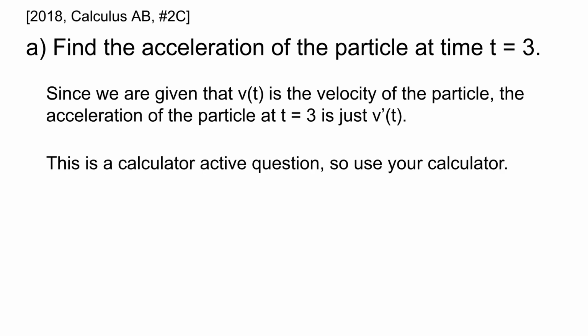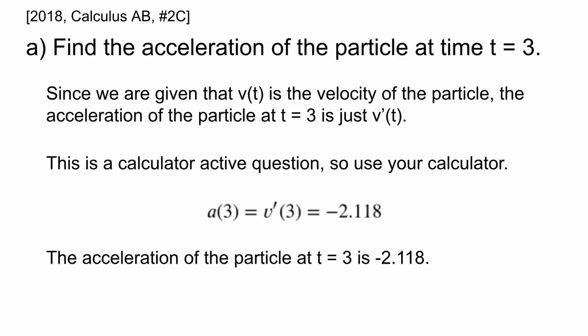Since this is a calculator active question, we'll use our calculator. A of 3 equals v prime of 3, which is -2.118. So we can conclude that the acceleration of the particle at t equals 3 is -2.118.